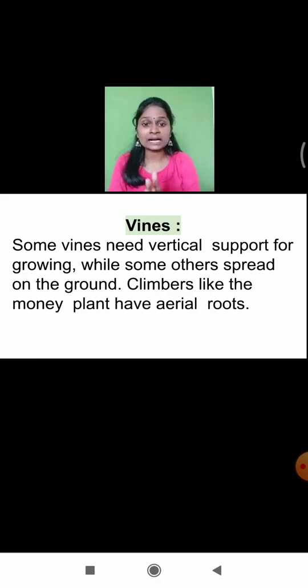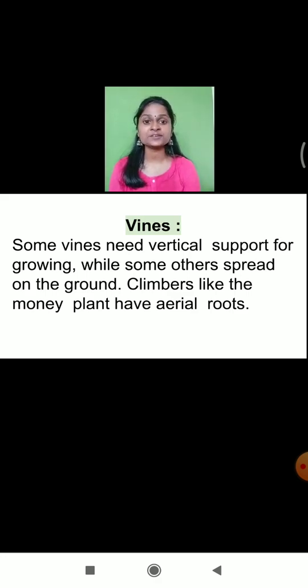Okay, so climbers like money plant have the aerial roots. Aerial root means what? The roots which are hanging in the air. The roots which are hanging in the air, they are called as what? Aerial roots. Okay students, now you understood the types of the vines. So what you learned right now?